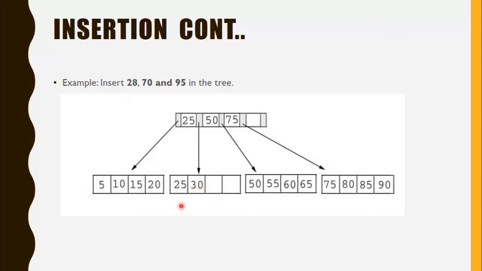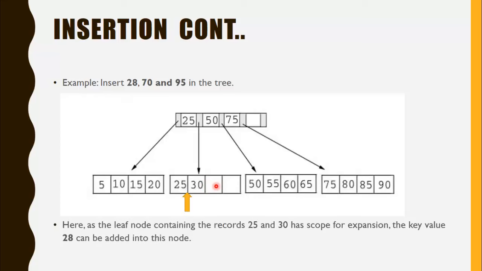There are two elements, 25 and 30. So we are just going to shift this 30, because we can't insert 28 over here in the third position. It will not maintain the structure, it will violate the rule.